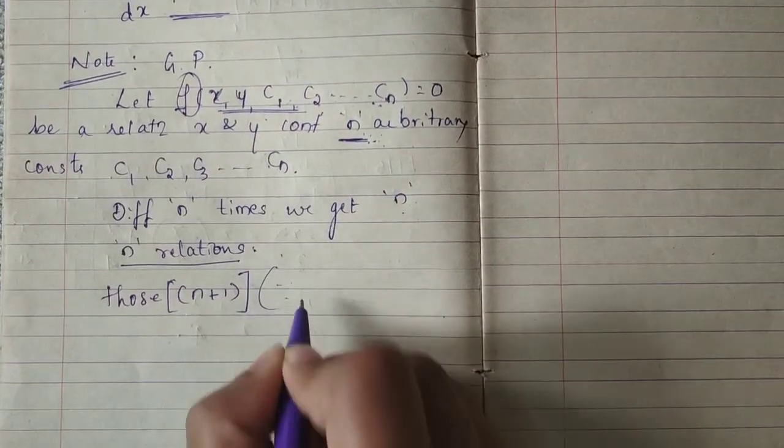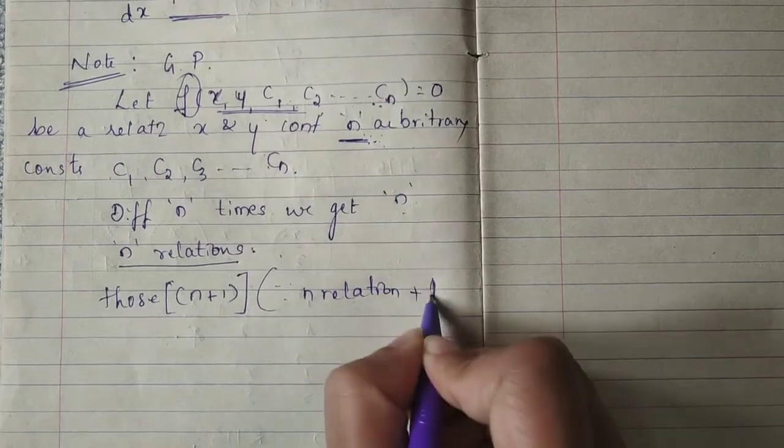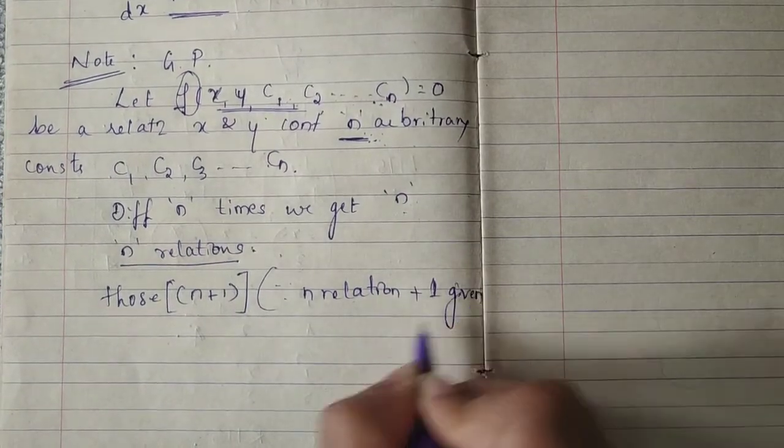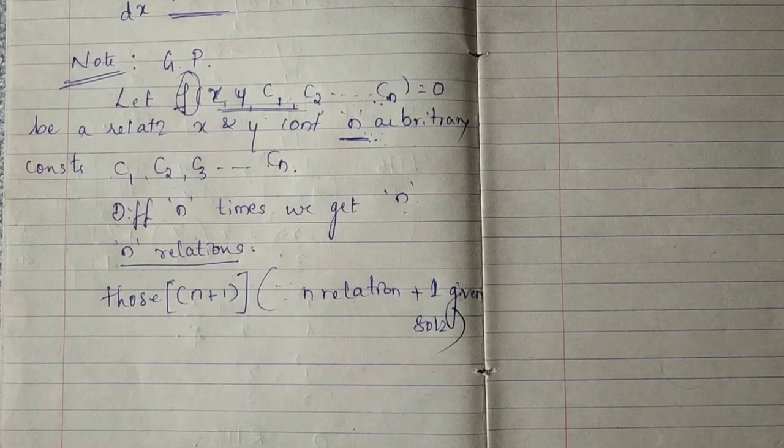Using those n plus 1 relations, which are those? n relations plus 1 given solution, we have to eliminate the arbitrary constants.